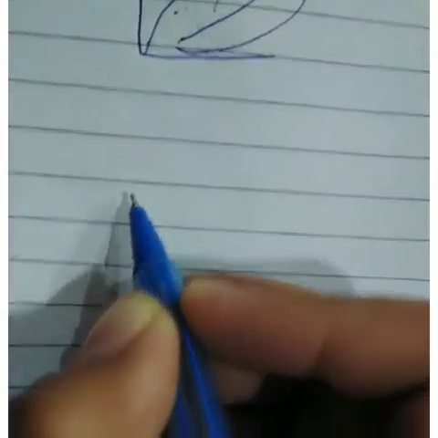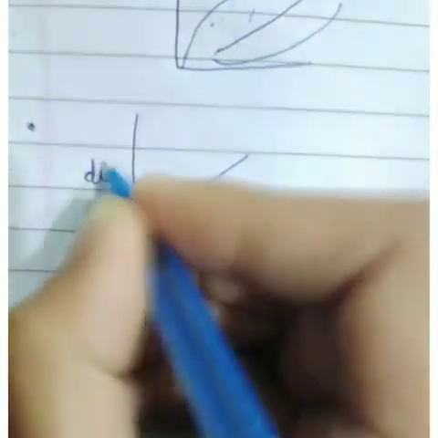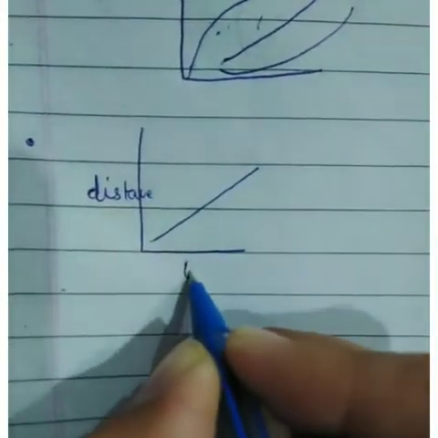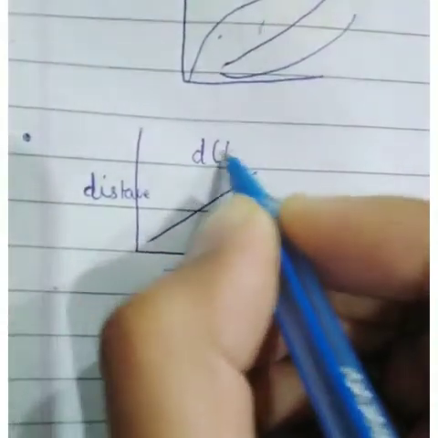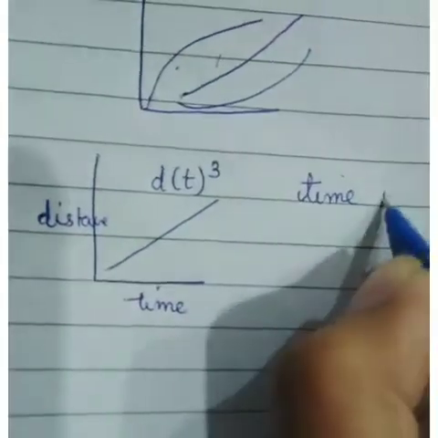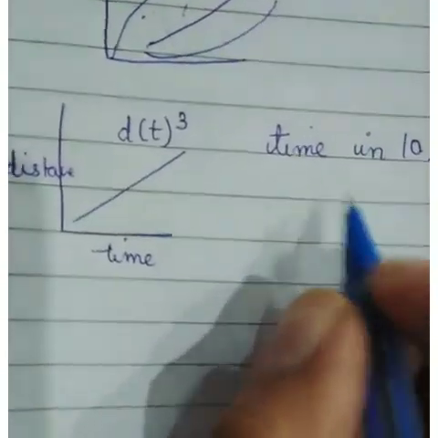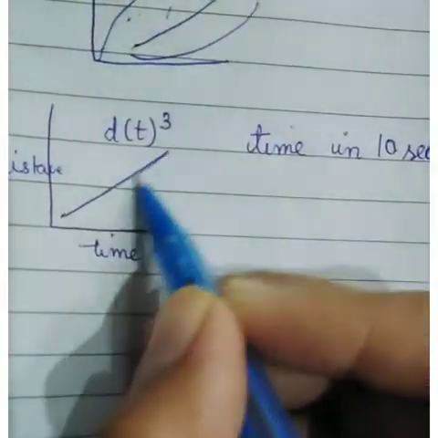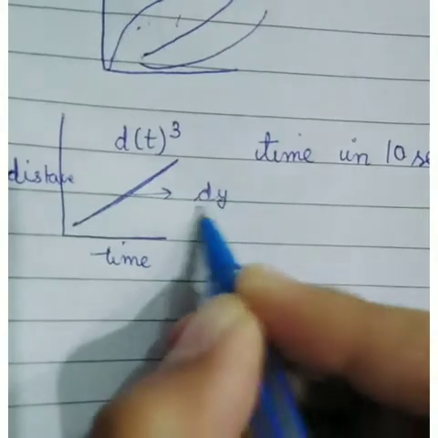Now the question is how we are going to denote the rate of the reaction. Suppose this is a graph where this axis denotes the distance and this denotes the time. Suppose the function is given as t cube, and we have to find the rate at time 10 seconds. We know this is a slope, and slope is generally represented as differentiation, dy by dx.